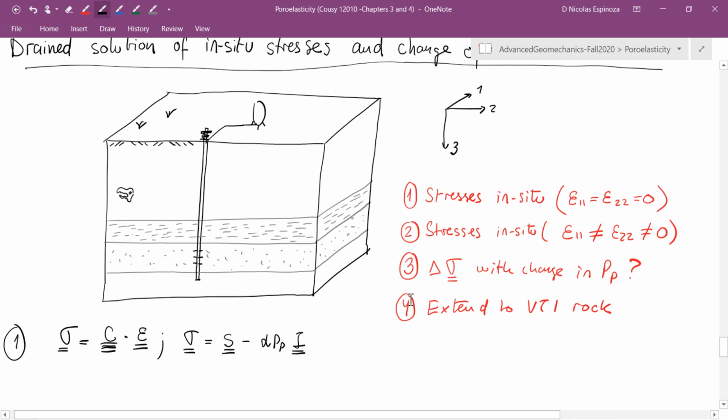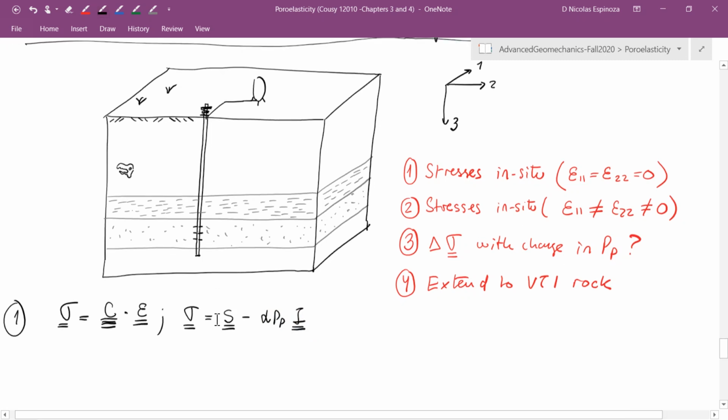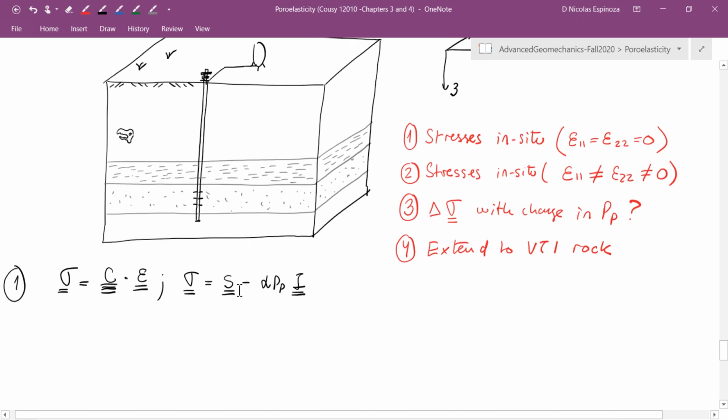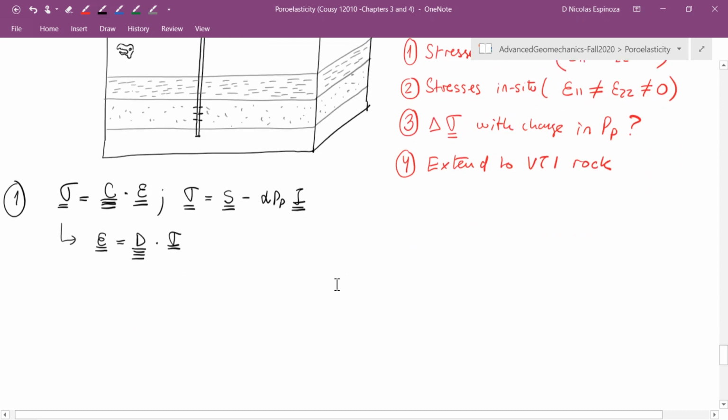All right, and let me change the equation and use the alternative equation: instead of getting stress as a function of strain, I'm going to use the equation that relates the strain as a function of the stress through the compliance matrix. But it is the same thing. And that equation looks more or less like this.